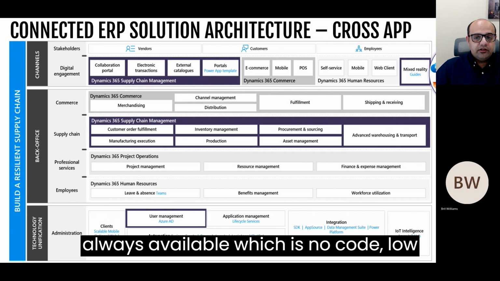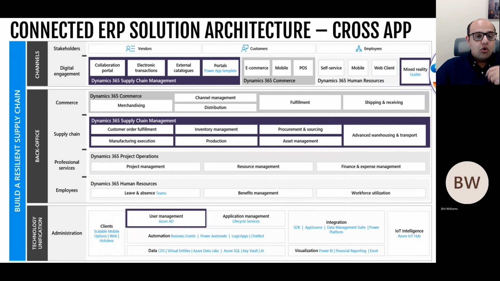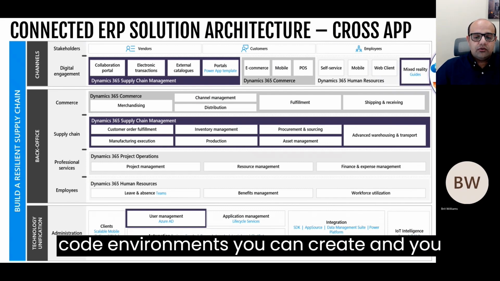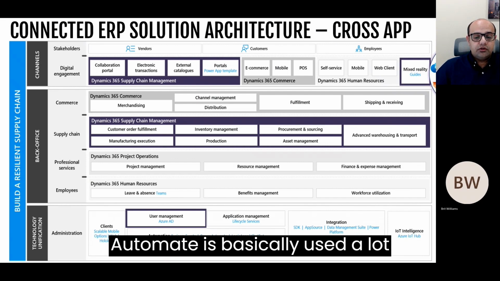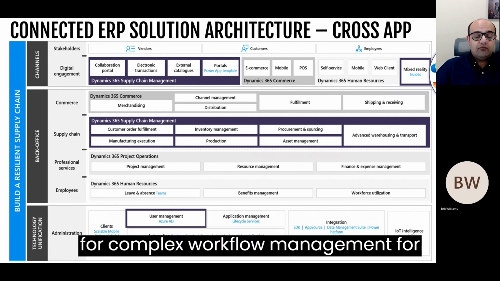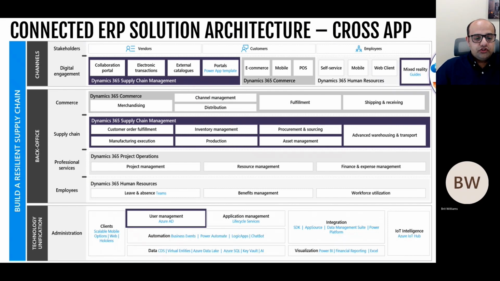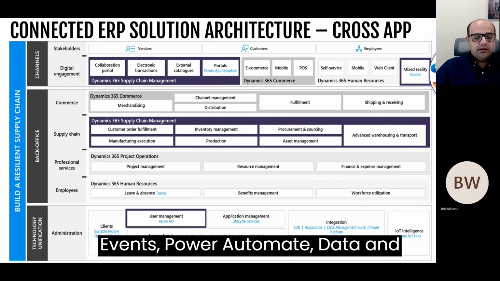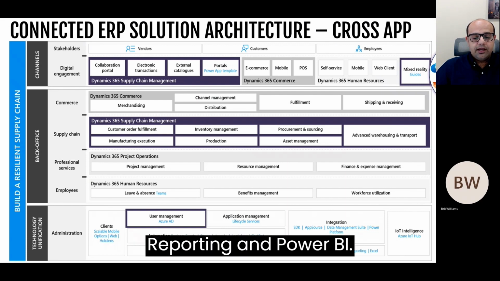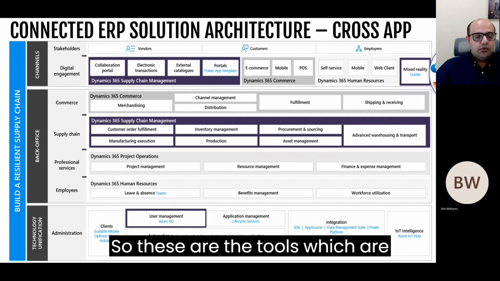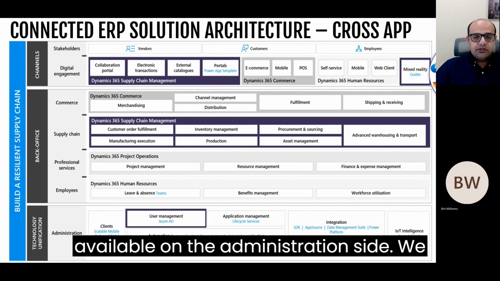Power Platform is always available, which gives you no-code, low-code environments you can create. Within Power Platform, Power Automate is used a lot for complex workflow management, for example. Then automation, business events, Power Automate, and data and visualization through financial reporting and Power BI. So these are the tools available on the administration side.